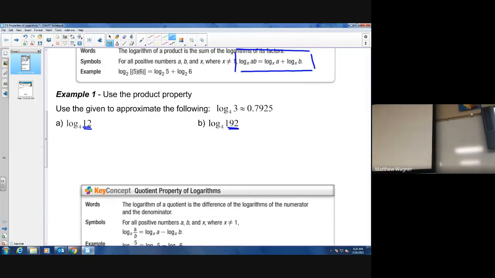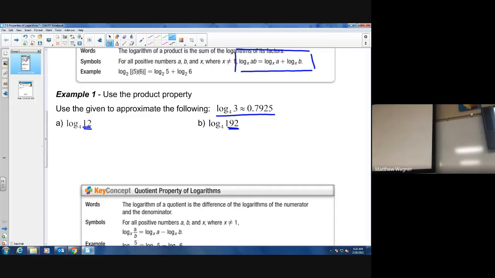All right. So typically what happens is we're kind of working into how to use our calculator, and we're not quite there yet. So what we're going to do is give you decimal approximations. Log base 4 of 3 is 0.7925, which makes sense because log base 4 of 4 would be 1, so it makes sense that it would be less than 1.